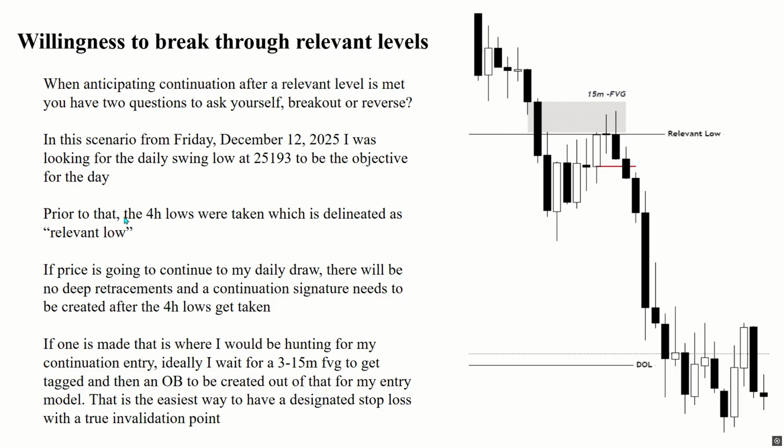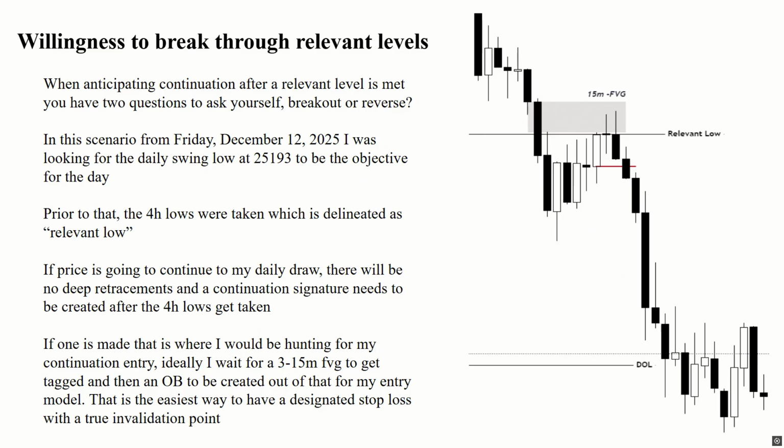Prior to that, the 4-hour lows were taken, which is delineated as the relevant low. This is the only place that I have deemed relevant. Why did I deem it relevant? I'll show you guys again, and TT also explained it to you. This is just the extreme of the range.